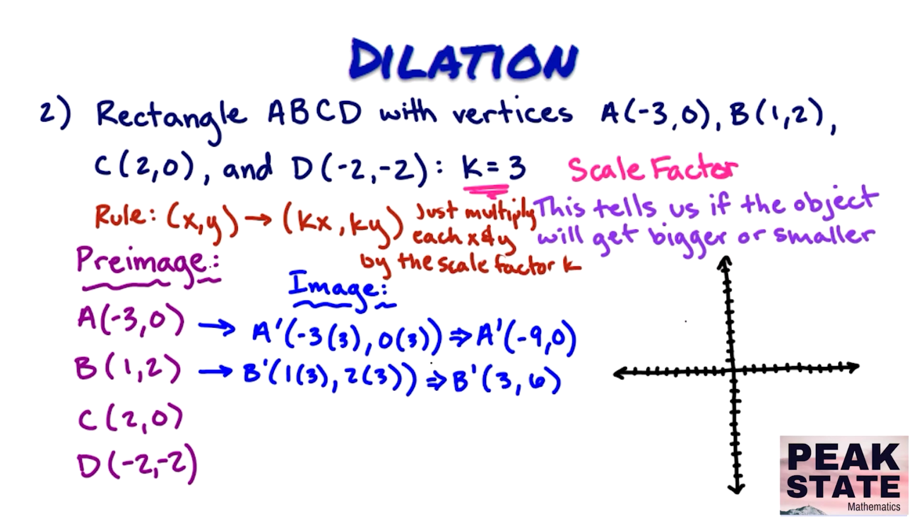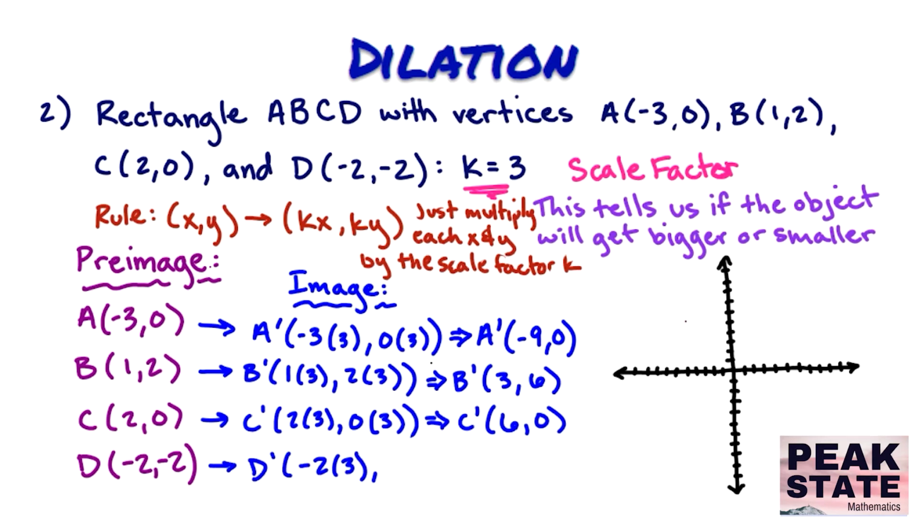If we do the same thing with B, B prime is going to land at 3 times 1, 2 times 3, or (3, 6). C is going to land at C prime with (6, 0), and our D prime is going to land at (-6, -6). Again, all we're doing is multiplying each component, x and y, by our scale factor 3.